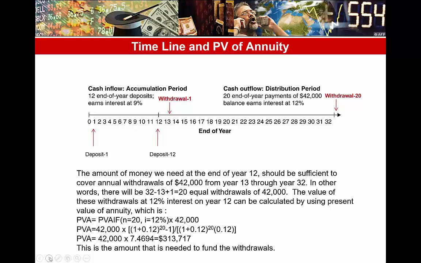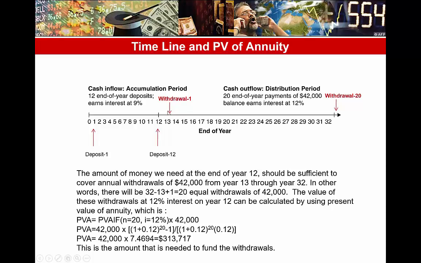A graphical representation is always useful in time value problems. Here I laid out the accumulation period, which starts at time 0. Company makes the first contribution or first deposit at time 1, and the last contribution, which is the 12th deposit or 12th contribution, is made at the end of the year 12.